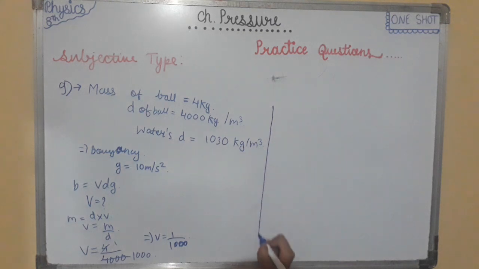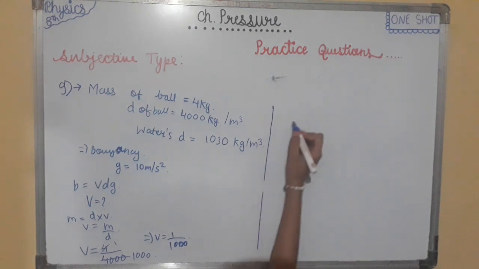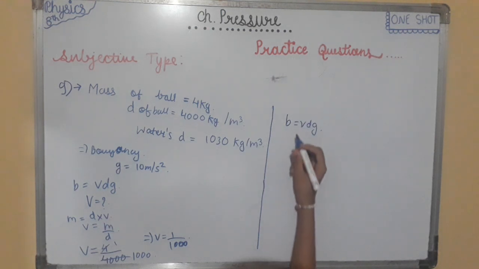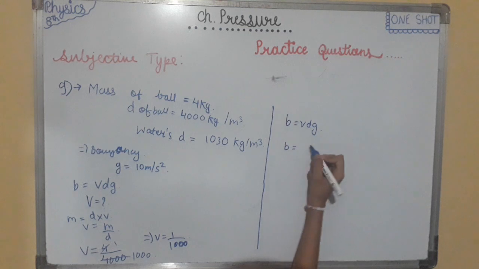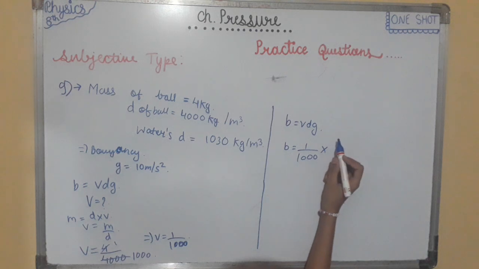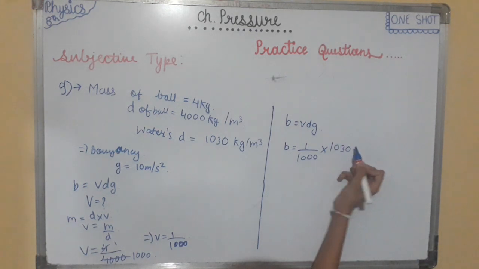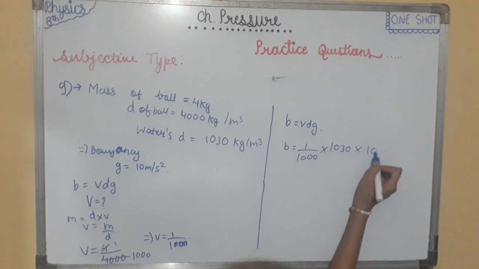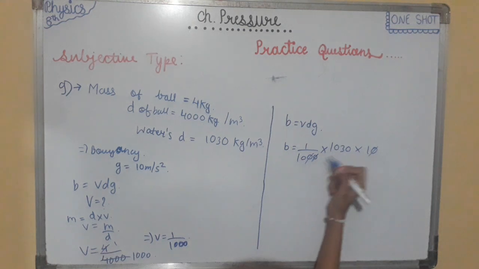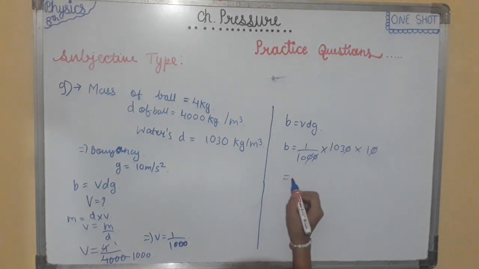Then we have to find buoyancy, B is equal to VdG. B is equal to 1 by 1000 into density of water, 1030, into 10 because it is the value of G. Zeros cut.